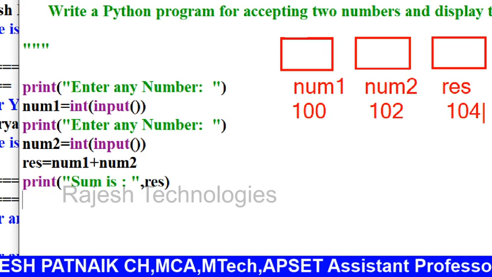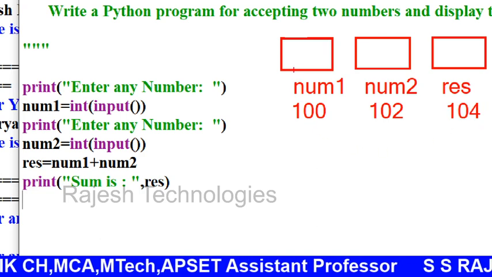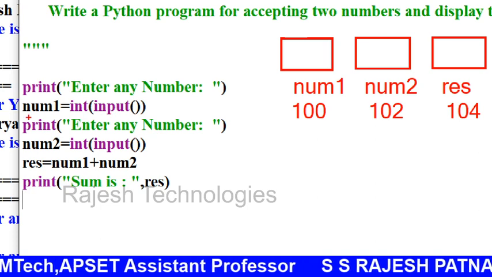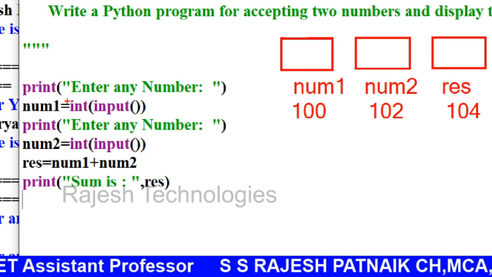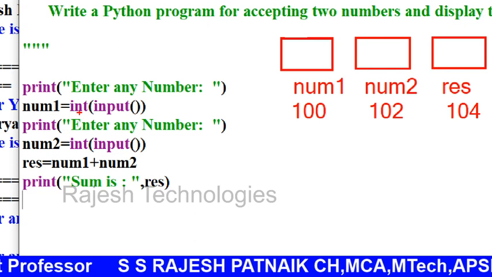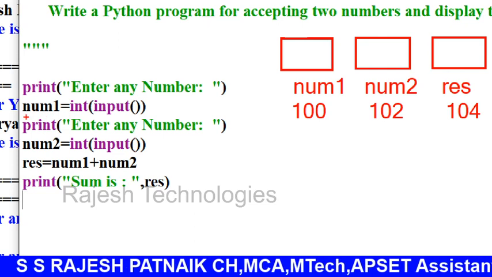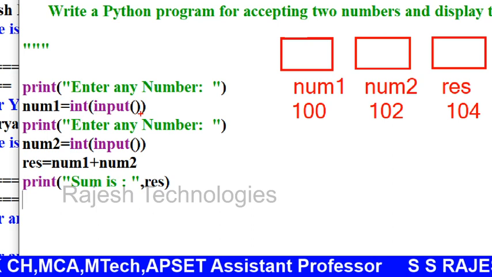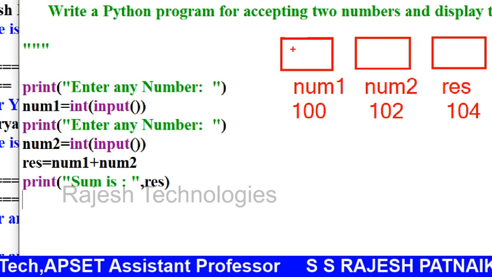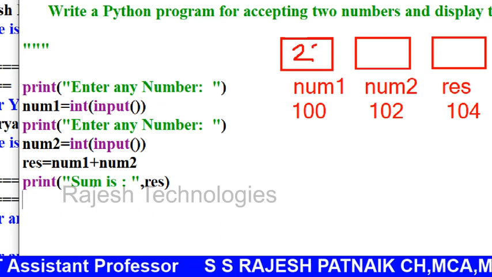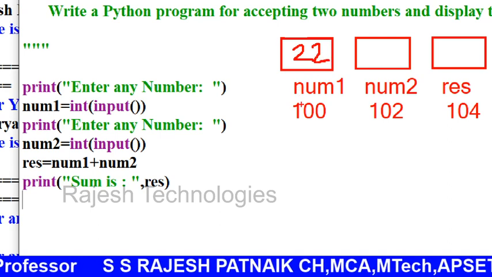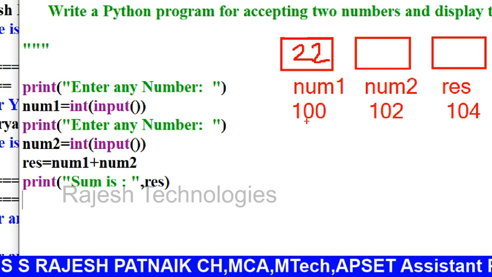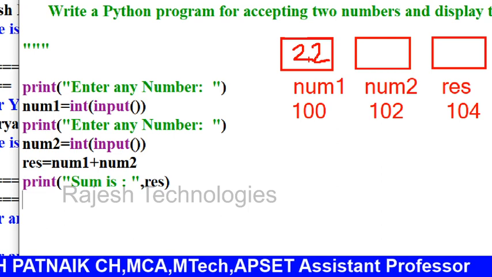These are the address locations in the RAM. What happens if I enter this particular statement? If I enter any input, it will be converted to integer and stored in the num1 variable. For example, 22 I entered, it will search for this address and 22 will be stored.